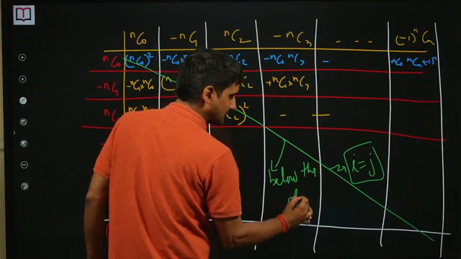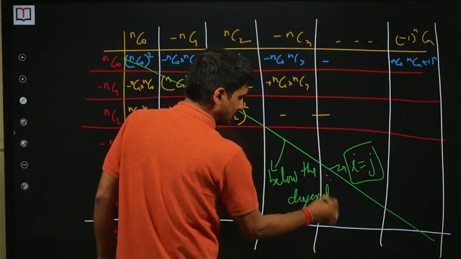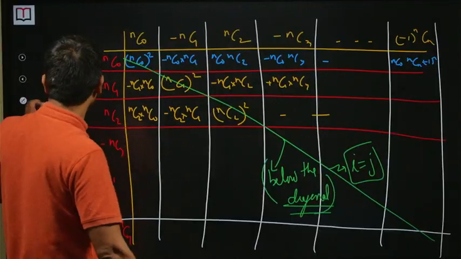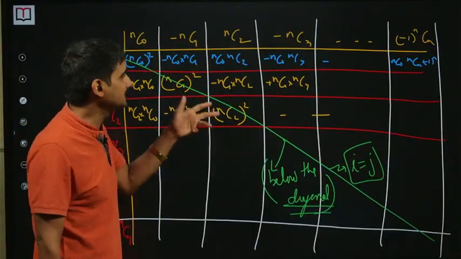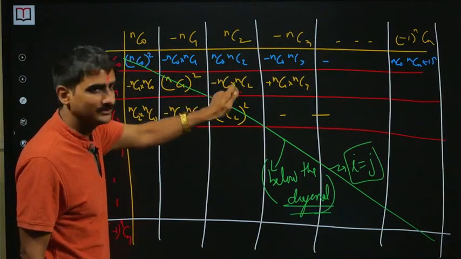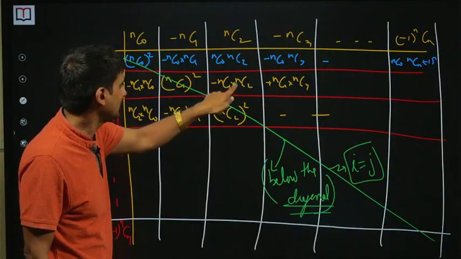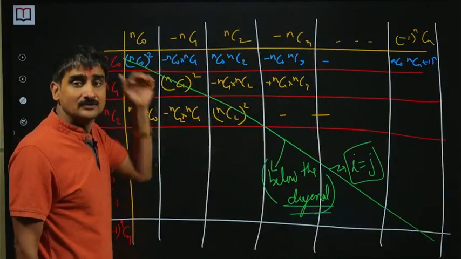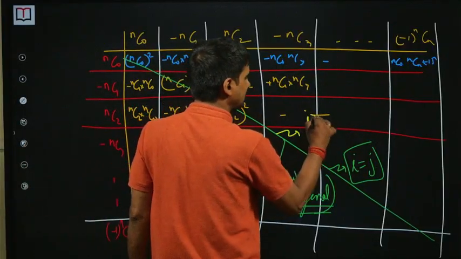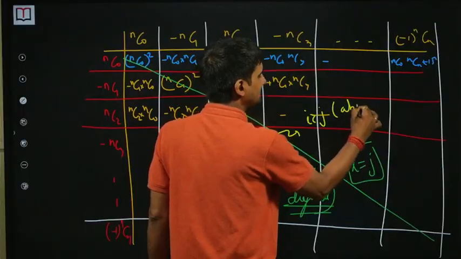Am I correct? And of course i will be greater than j above the diagonal elements. Let's say j is 0 and i is 2 here, j is 1 and i is 2 here.